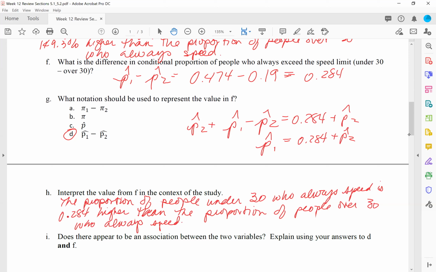Do you see how that interpretation differs from what we saw when we interpreted relative risk?